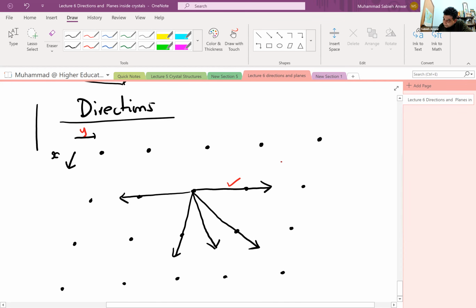So this direction is 0 along x, 1 unit along y, and 0 units along z. So the direction index is 0, 1, 0, and I put it in square brackets. Now let's look at the second arrow here. In order to specify this direction, I have to move 1 unit along x and 1 unit along y. So the direction is 1, 1, 0.